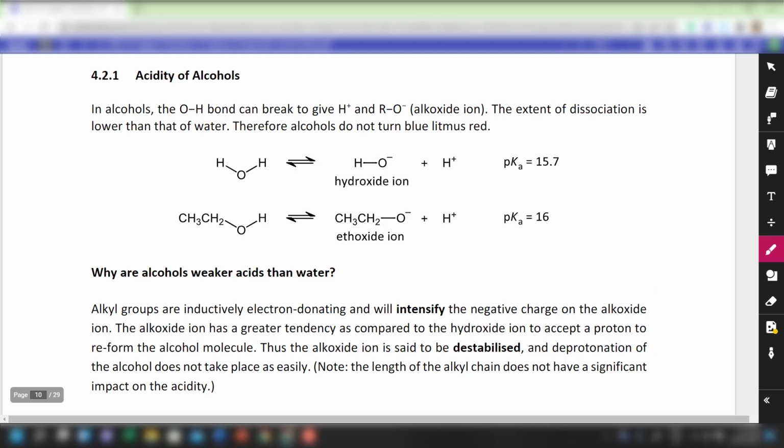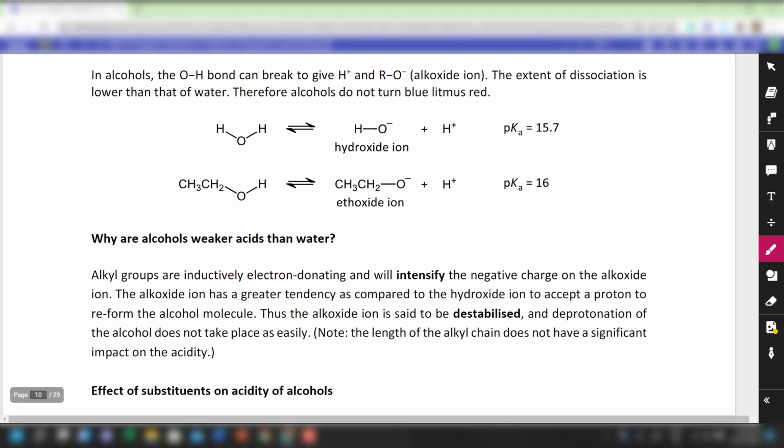Okay, but if the right condition is around, for example, if I have a very strong base, then of course an alcohol can potentially lose its protonic hydrogen. The extent of ionization of the alcohol in water is so low that there isn't even enough H+ present to cause blue litmus to turn red.